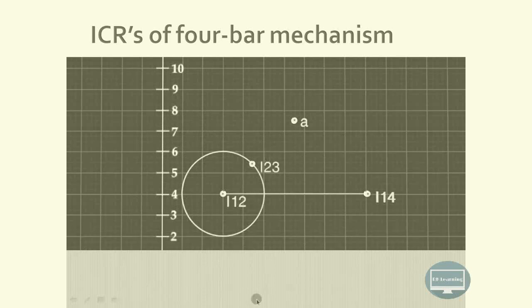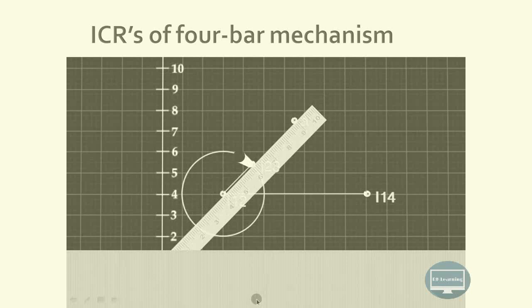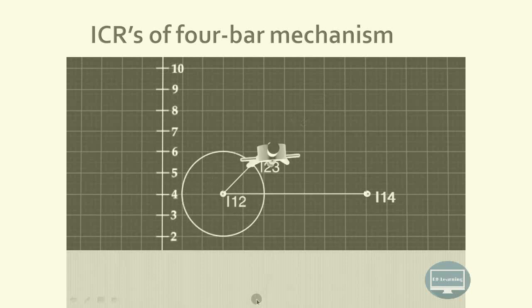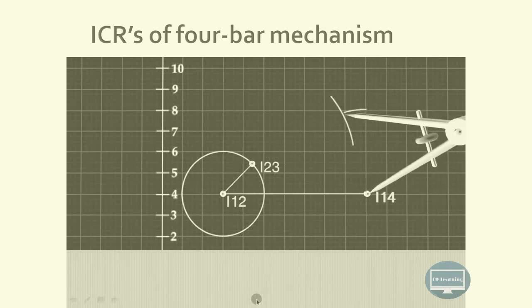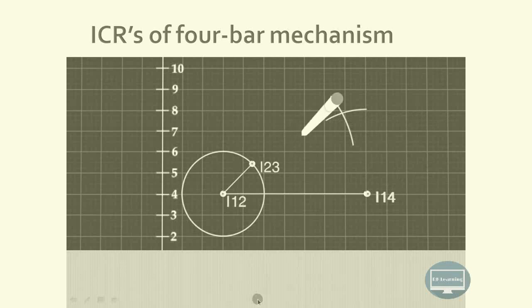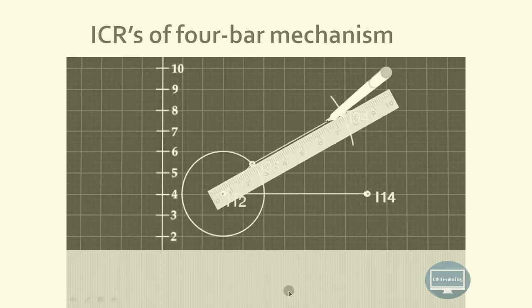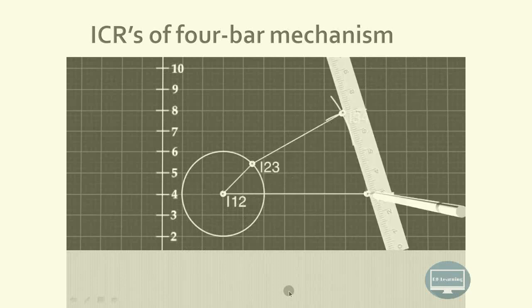That will form I23 as we have already shown. Now from this point draw an arc representing the coupler link or intermediate link, and similarly draw an arc for the output link. They will intersect each other and give another ICR, that is I34.